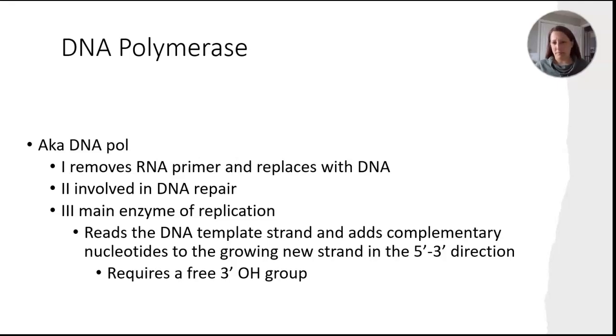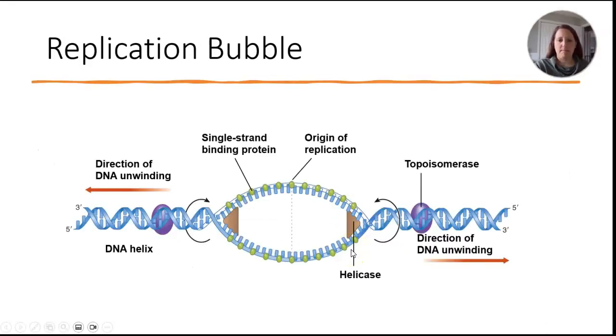Okay, that's a problem. So if I go back a slide, helicase is unwinding and opening, and so we've got all this single-stranded DNA here and here that's ready to be copied, but DNA polymerase can't just come in and start copying. It can't work off of just a template. It needs the process to actually be started first, and then it can work because it needs a free 3' hydroxyl group in order to function properly.